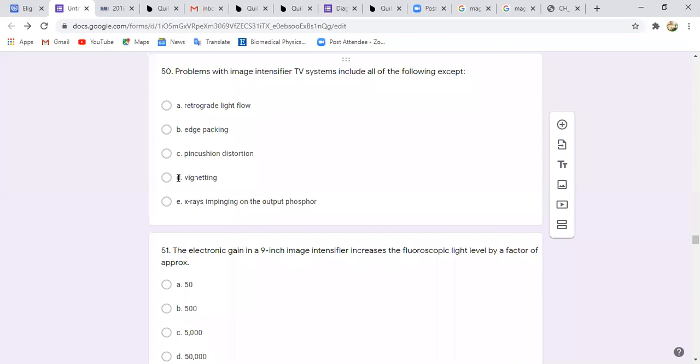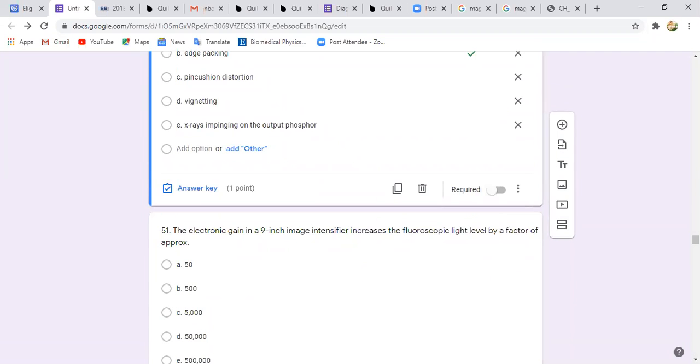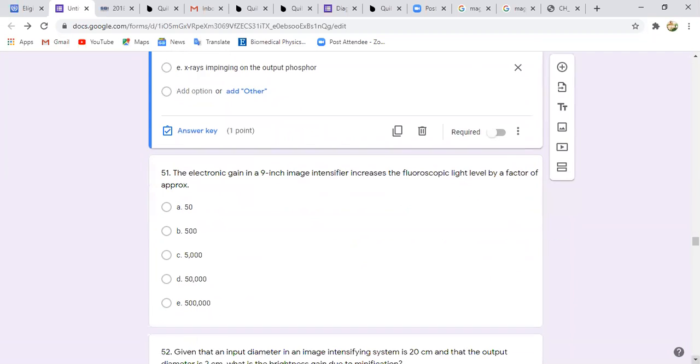At the center it is very bright, and the brightness reduces towards the circumference. So edge packing happens with the nuclear medicine PMT, the photomultiplier tube.